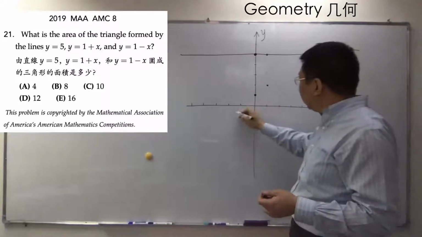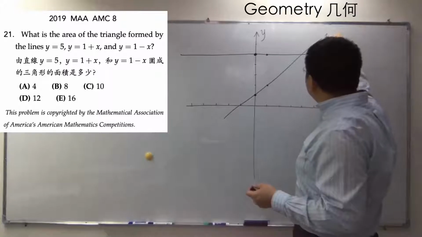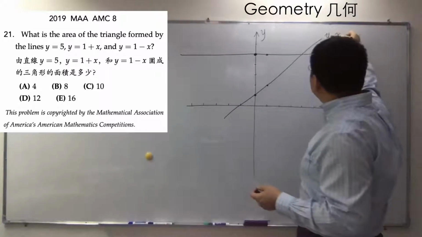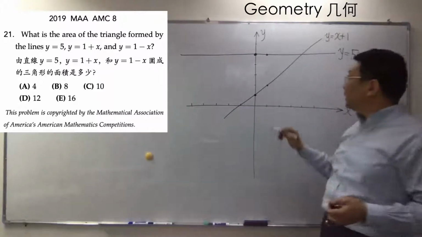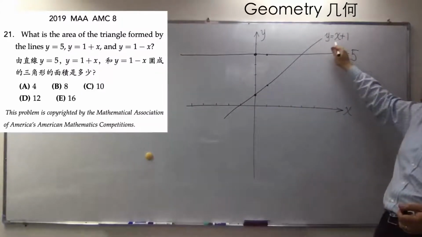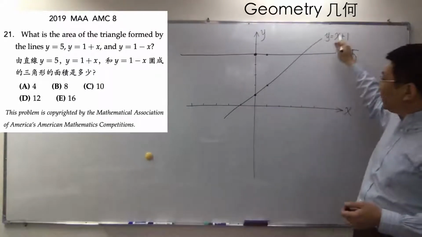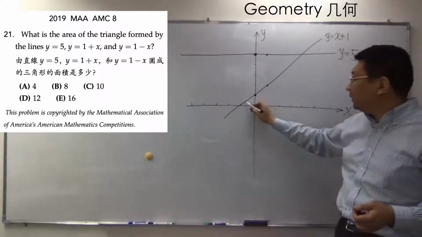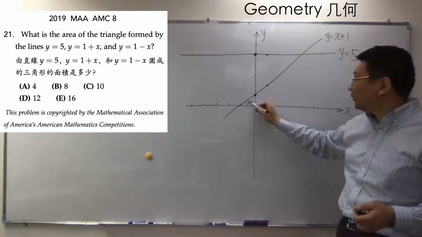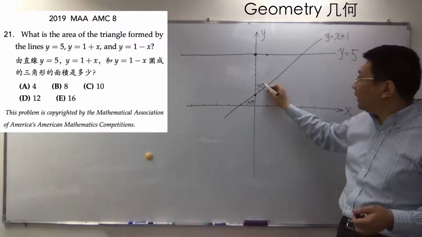So this would be the line for y equals x plus 1. Because x has coefficient 1, you could also see from this picture that this is a 45-degree line. This is 45 degrees, and that would be 45 degrees as well.